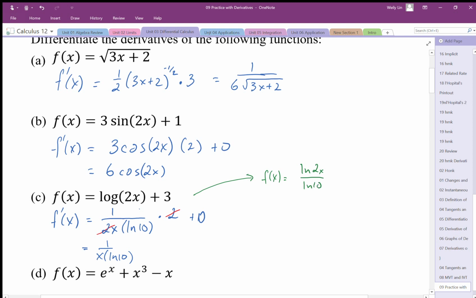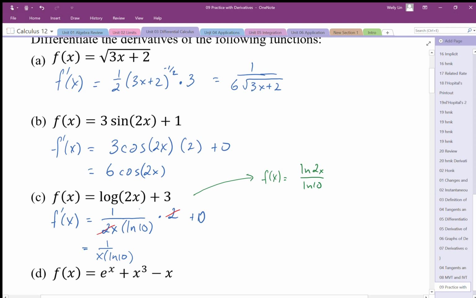That way we don't have to use that extra divide by log 10 when we differentiate. It shows up before I even differentiate, as a constant. So I don't need to do anything with that other than just leave it there, and it just shows up in my final derivative.